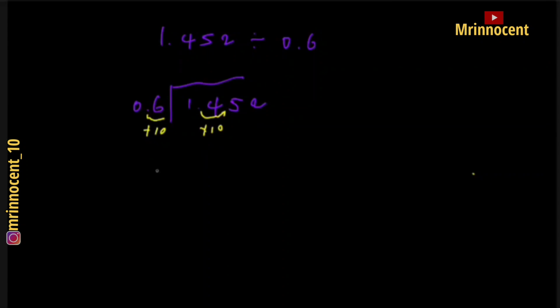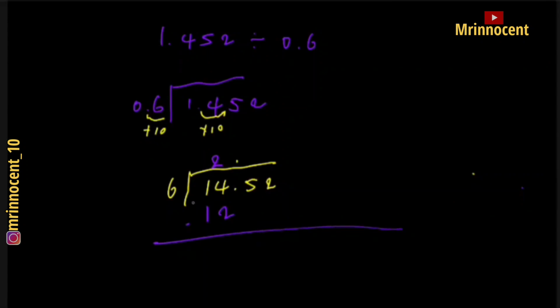So you have 6 divided by 14.52. So you put your point. So 6 into 14 is 2. 2 times 6 is 12. So you now subtract.